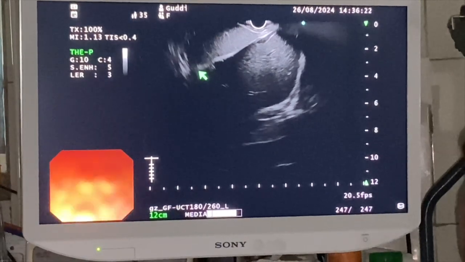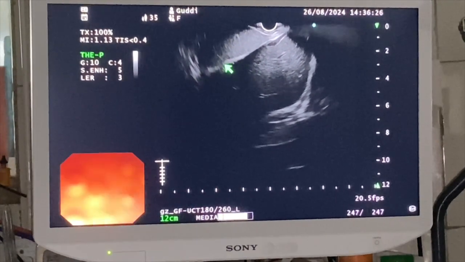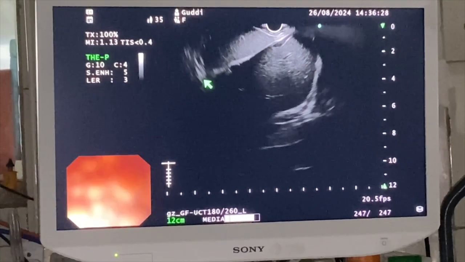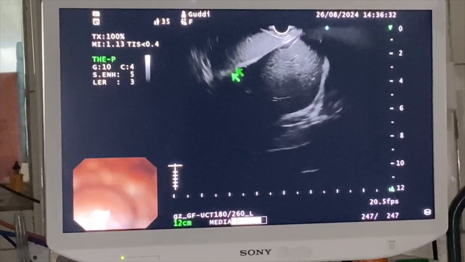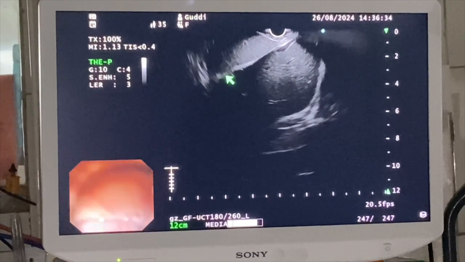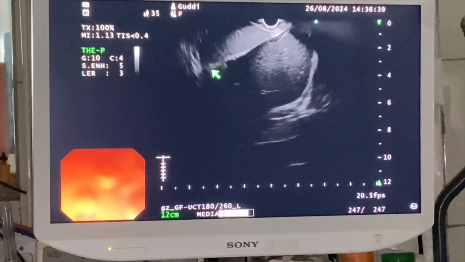The another band which is connecting the umbilical portion of the left portal vein and extending away from the probe is the ligamentum teres, which is actually the continuation of the falciform ligament, in which the left umbilical vein runs in the fetal life.